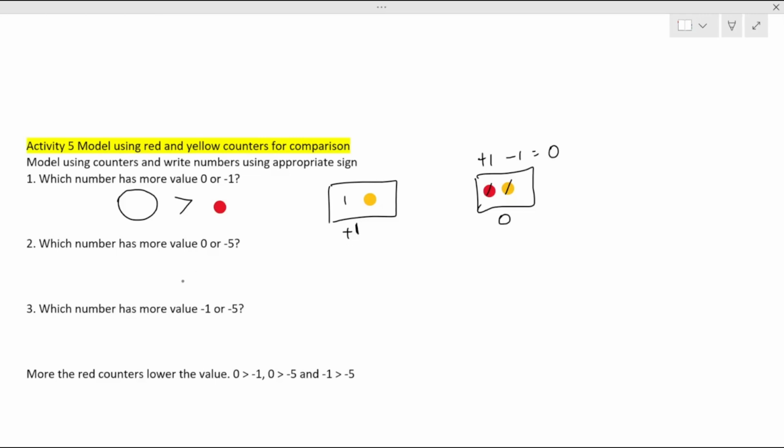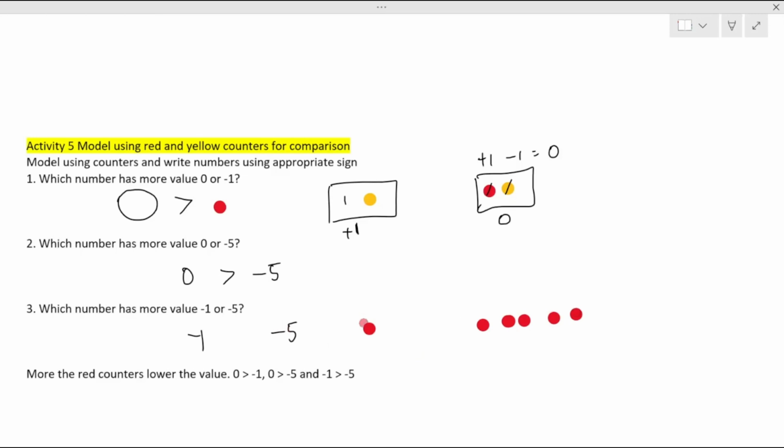So in that case, between 0 and minus 5, which is greater? Obviously it is 0. Similarly, minus 1 and minus 5, which is greater? You can use the same example: the first person has only one negative and the second person has 5 negatives. How do you confirm that the first person has more than the second?